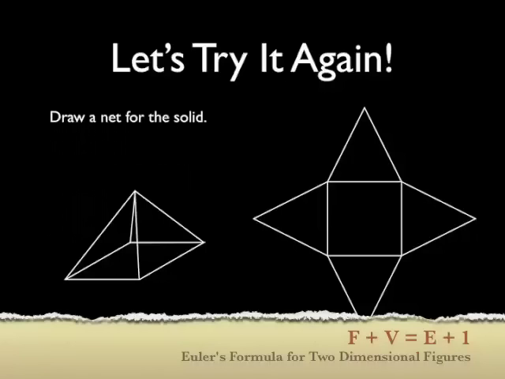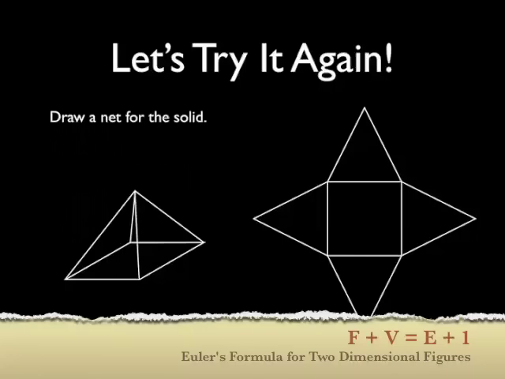And his formula for 2 dimensions says that the number of faces, and you'll see that there are 5 faces here, plus the number of vertices. Now notice that the vertices have increased. We have the 4 at the tips of each triangle and the 4 at the corners of the square. So that's 8. 5 plus 8, number of faces plus the number of vertices, is going to equal the number of edges plus 1.